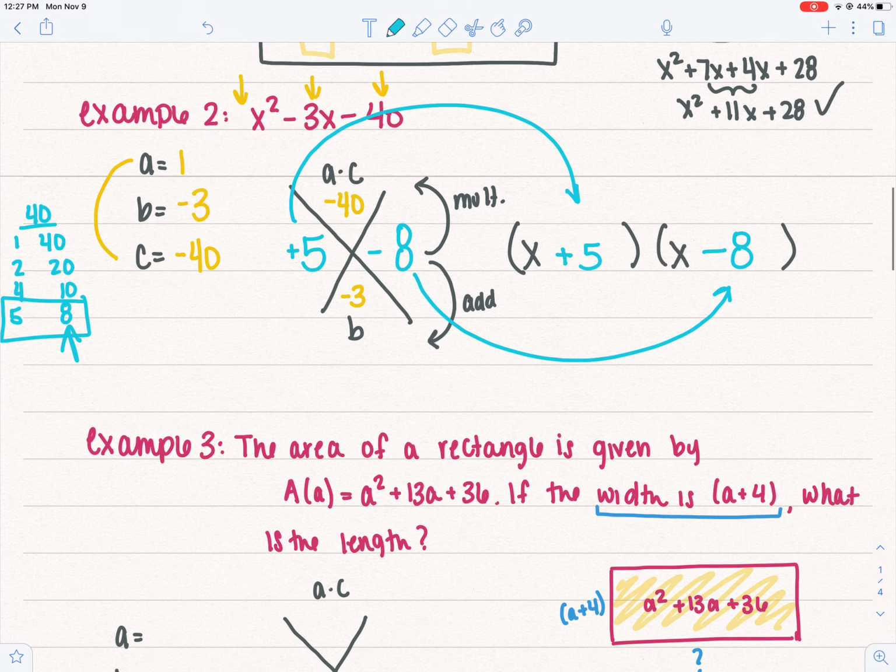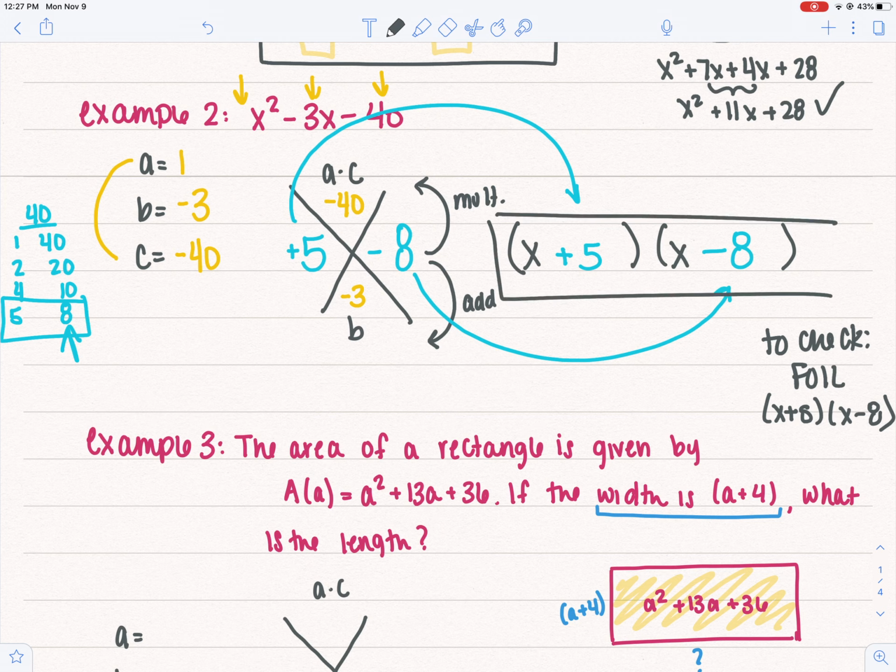Again, just like before, which we're not going to take time to do, but to check this, you would FOIL x plus 5 and x minus 8. You would FOIL those out, and if you got the question, which you would, you know you got it correct. And so that would be my final answer.